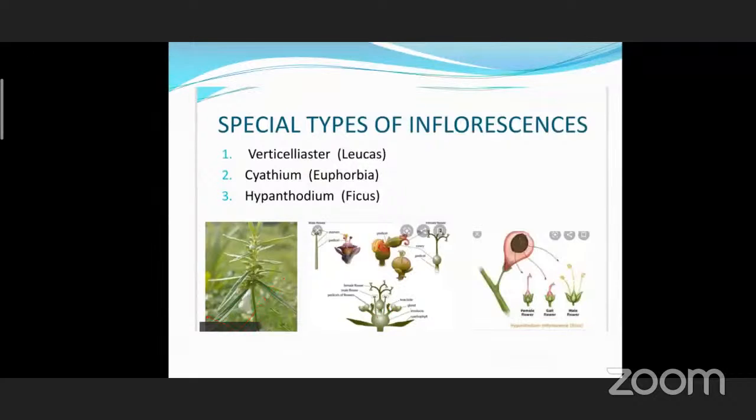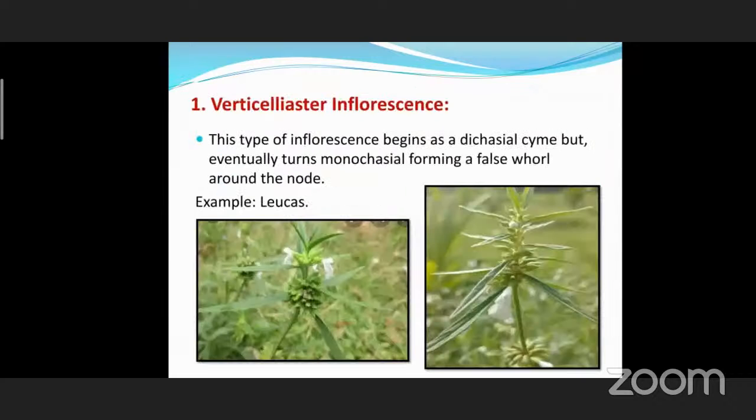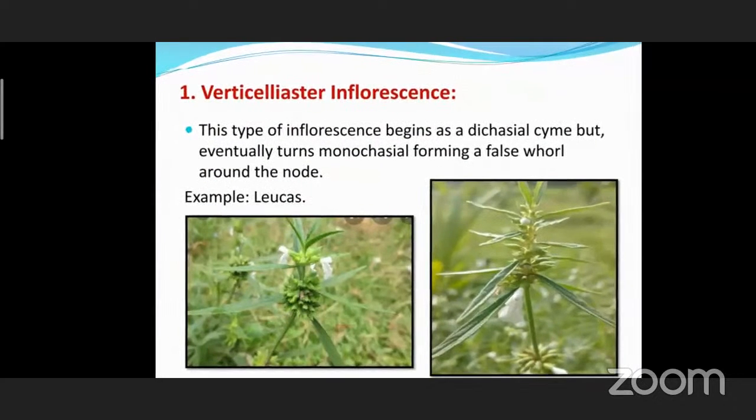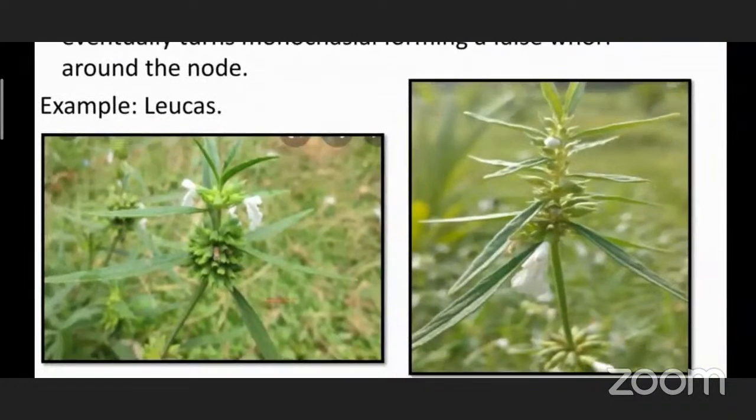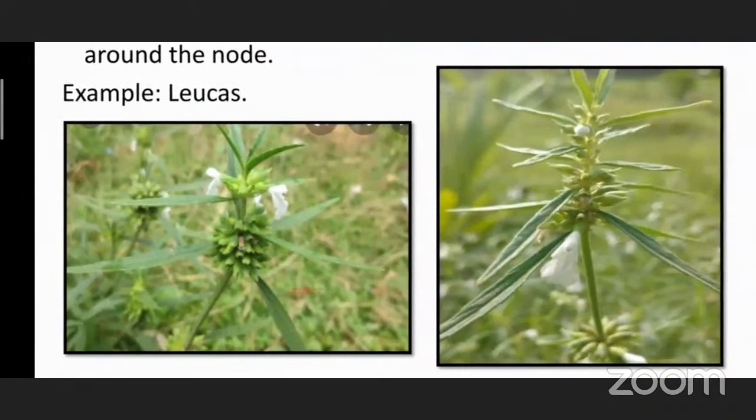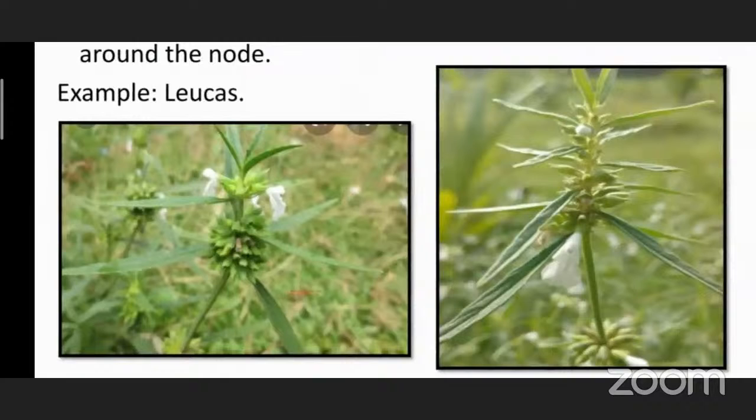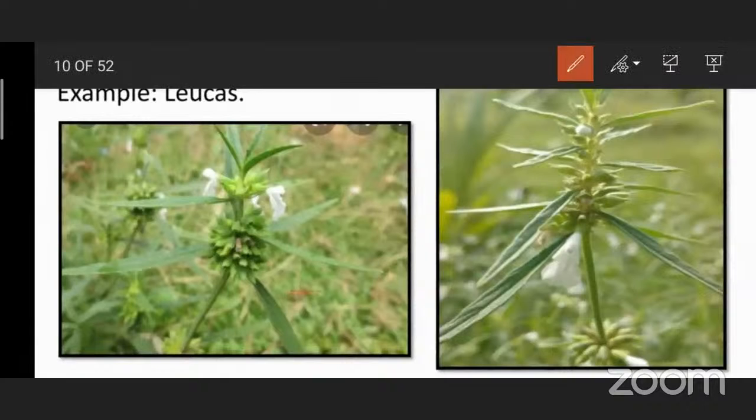Now let us discuss the first special type of inflorescence, that is verticillaster inflorescence. See here, verticillaster inflorescence, example, Leucas.